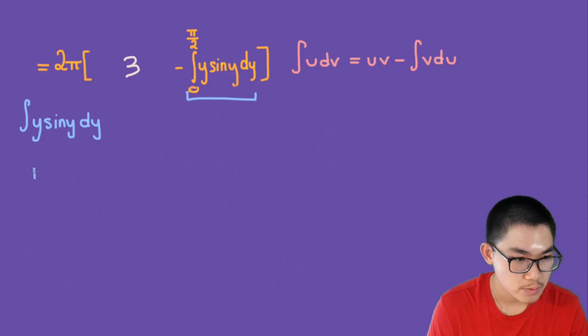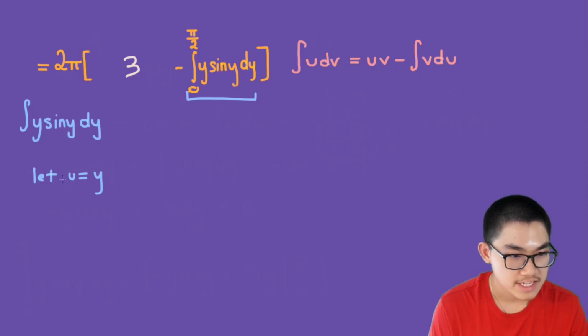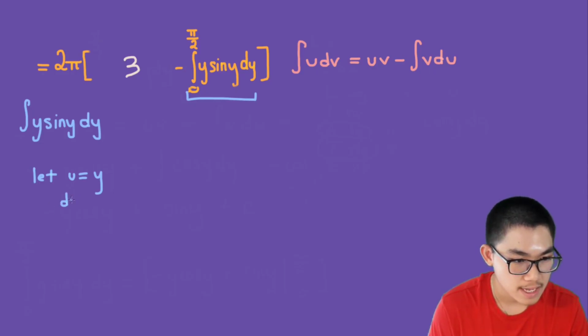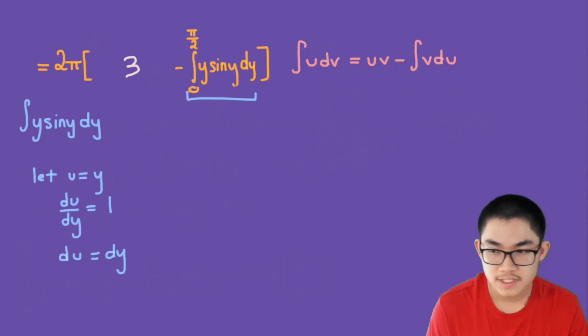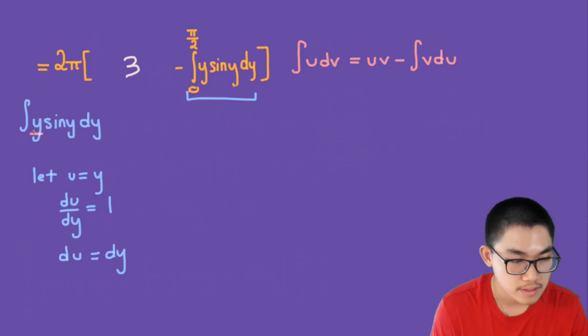So let u be equal to y, that's what we said before. We're gonna differentiate both sides. So we're gonna get du over dy, and the differentiation of y is just 1. And if we multiply both sides by d of y, we're gonna get d of u is equal to d of y. So that's the u part right there.